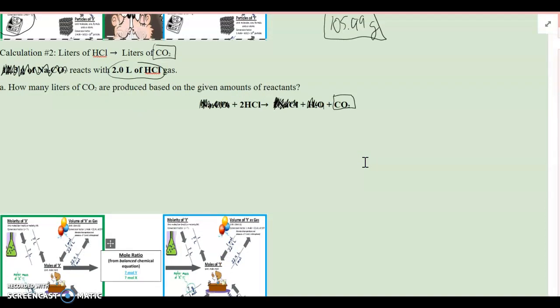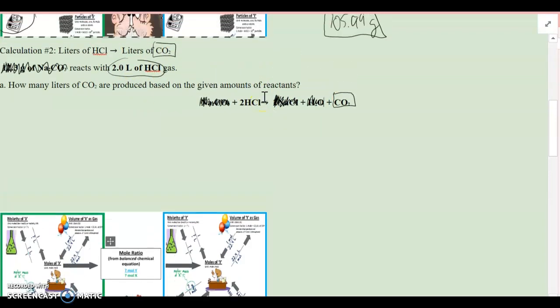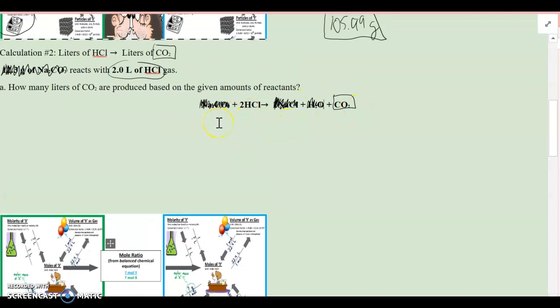Potentially, anytime you have to do grams. I don't see grams in here, so fingers crossed that we don't have to do it. But let's get started. Write my given. My given, 2 liters HCl over 1. Great. All right.